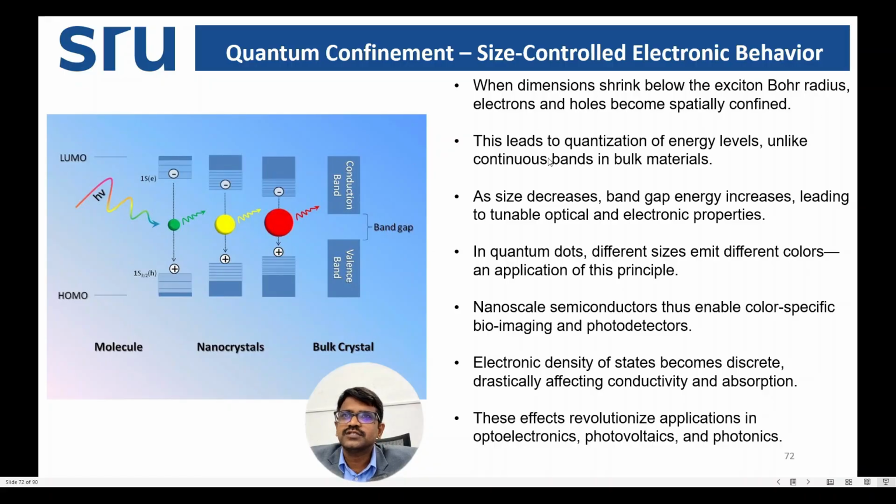We will see some points related to quantum confinement. When dimensions shrink below the exciton Bohr radius, electrons and holes become spatially confined. What is the exciton Bohr radius? It is the average distance between electron and hole in an exciton, or electron hole pair.